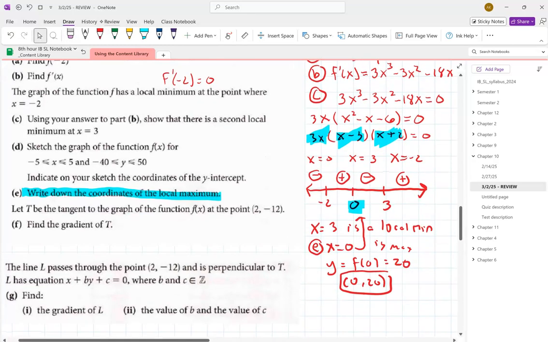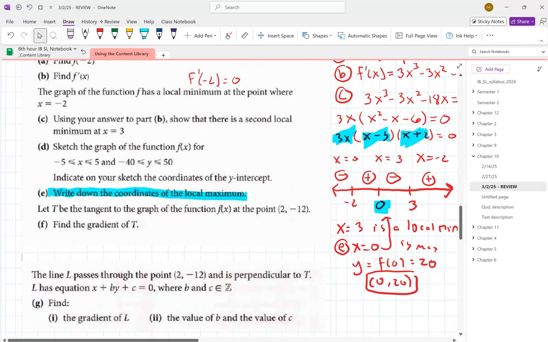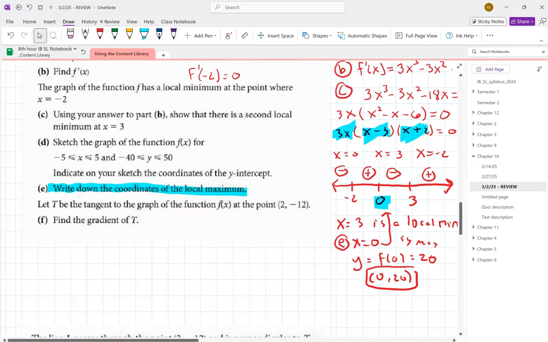And then it says let t be the tangent to the graph of the function at the point (2, -12). Find the gradient of t. So I just need to do the derivative at 2.